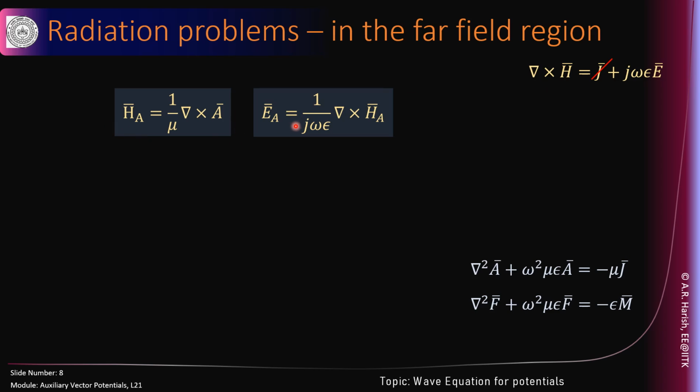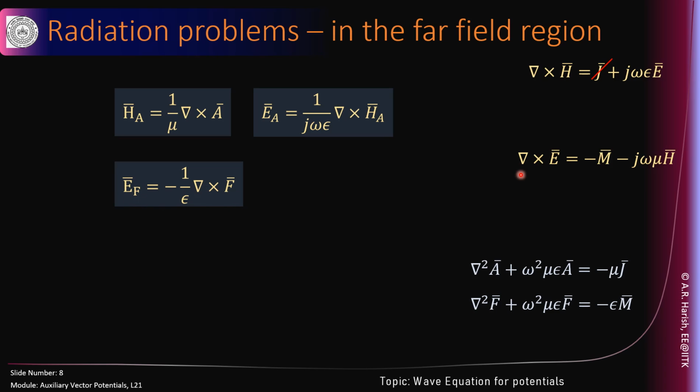That's quite straightforward. Similarly, if I want to find the field due to this magnetic current M, I approach the problem via the vector potential F. We solve del square F plus omega square mu epsilon F equal to minus epsilon M. Once we get F, we compute the curl of F to get the electric field. We know that in the source free region, M is 0.